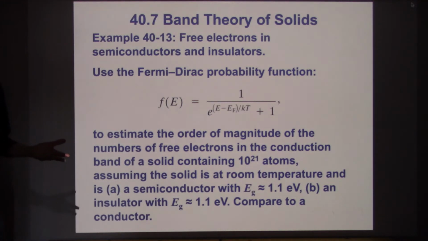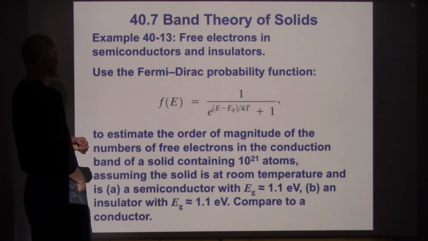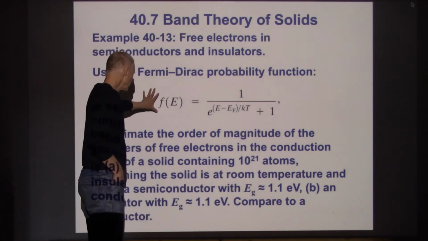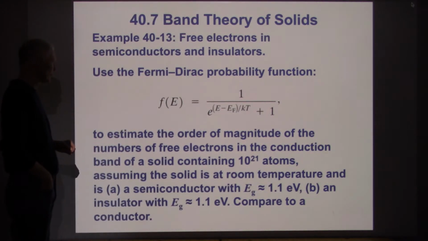Again, this is the probability function showing how likely, I don't think I'm going to bother with this example. You can plug numbers in. The example's in the textbook, so you could take a look at that and just play around with the numbers here.